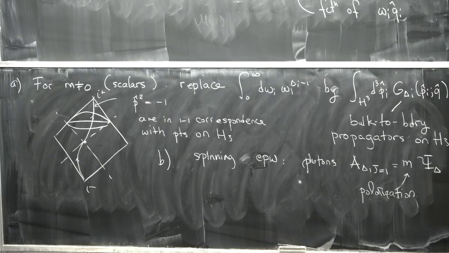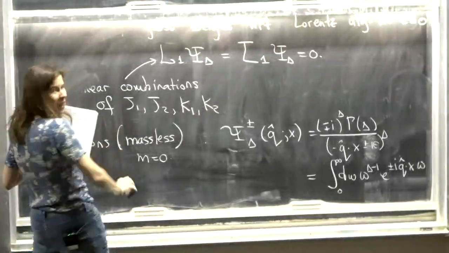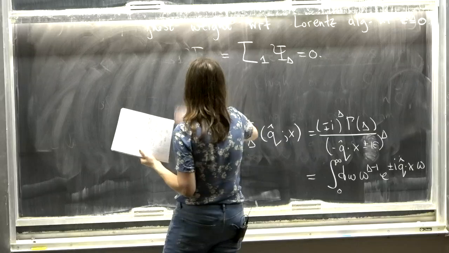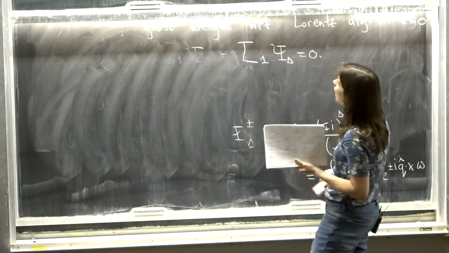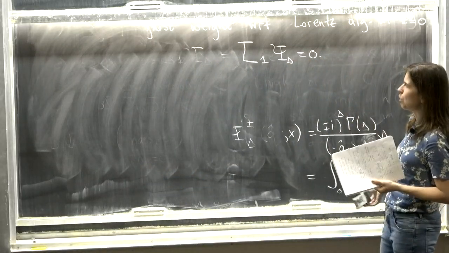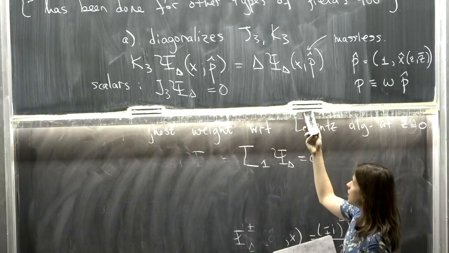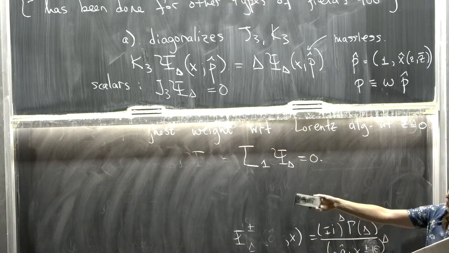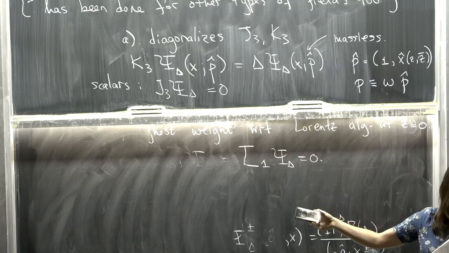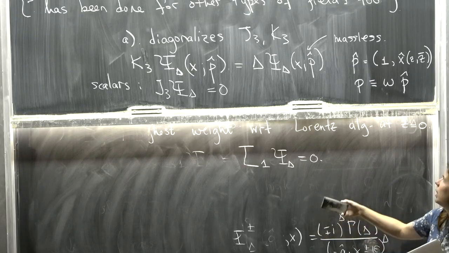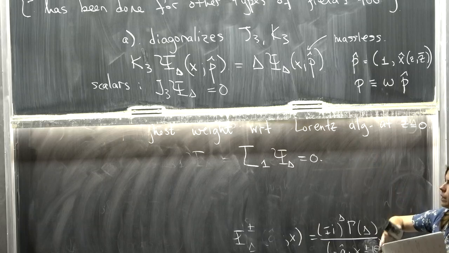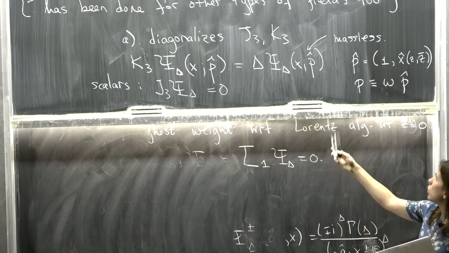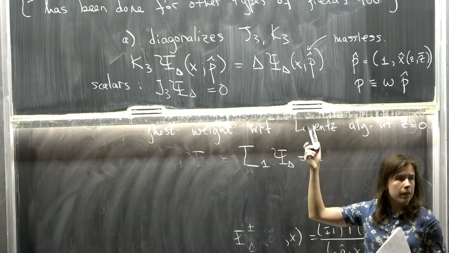Okay, so I'm starting to run out of time. But my plan was to tell you a little bit how this is related to AdS/CFT and how these wave functions are actually related to bulk to boundary propagators. Not just these ones that we are seeing here in a slicing of Minkowski spacetime, but also bulk to boundary propagators that would appear in, say, a four-dimensional anti-de Sitter spacetime. So these things arise very naturally in a flat space limit.